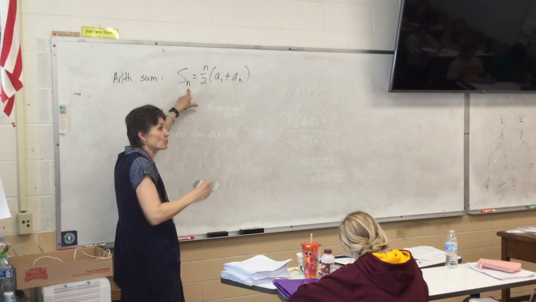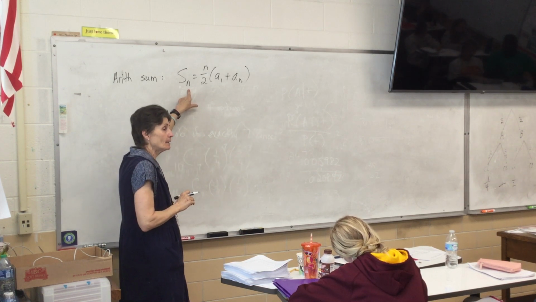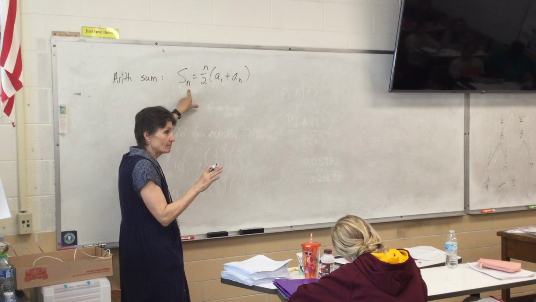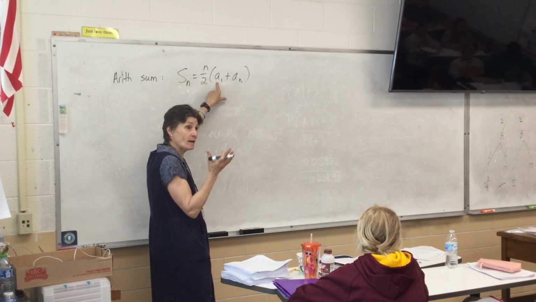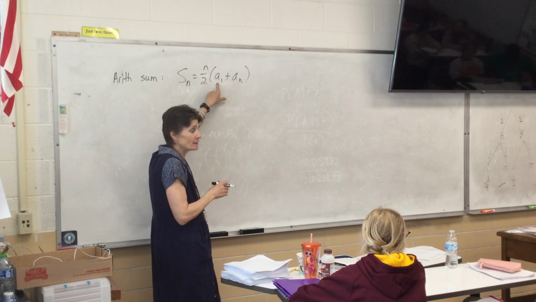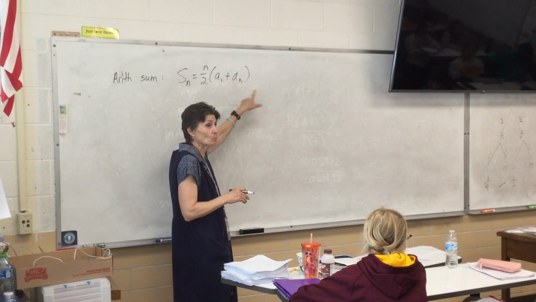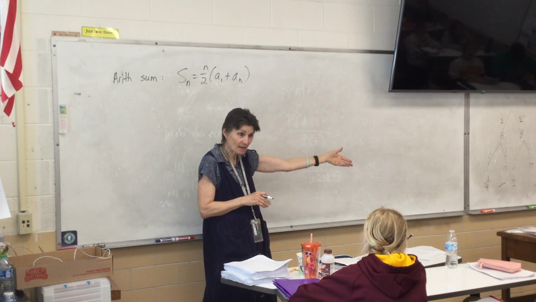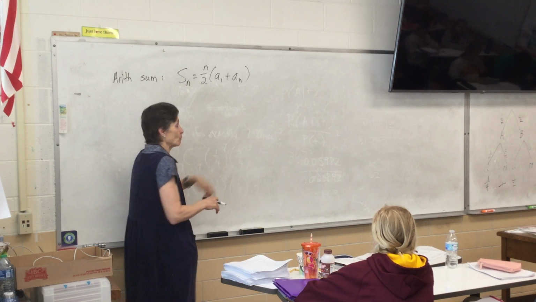N is the number of terms you're adding up. So if you had 10 terms to add up, then N would be 10. A sub 1 stands for what? What does it always stand for? The first term. And if I were adding up 10 terms, A sub 10 would be the last term, the 10th term. Okay? So if it's arithmetic, that's your formula.